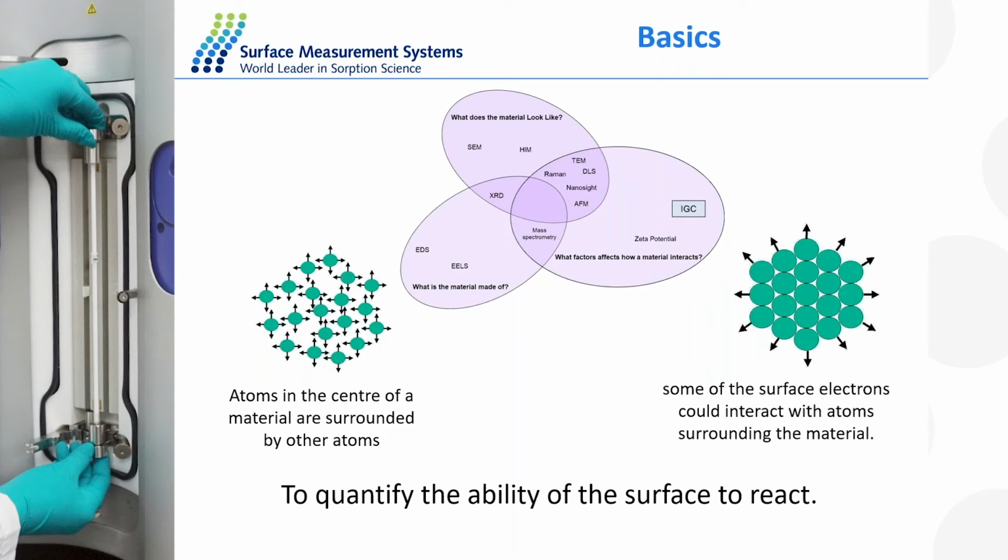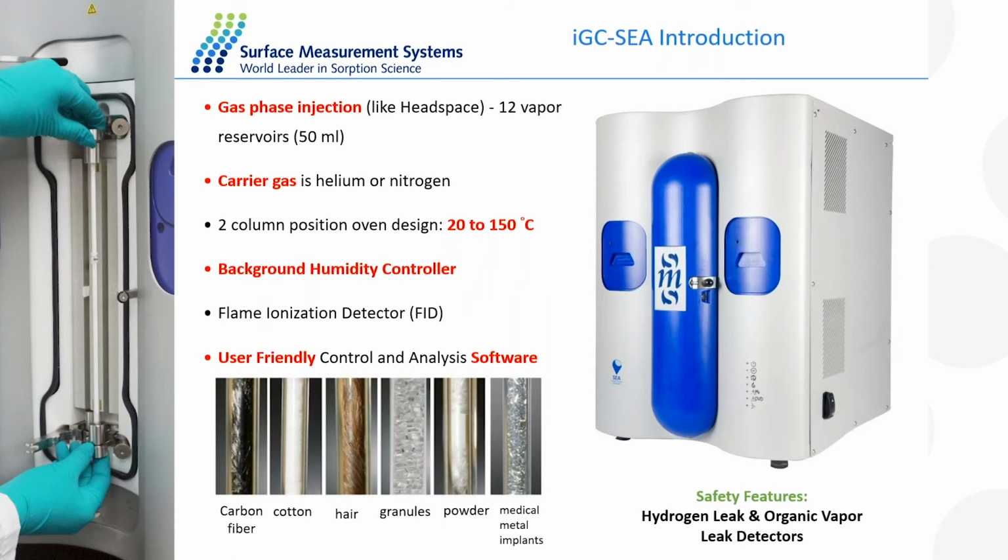On the other side, if we want to understand factors that affect how a material interacts, this is where IGC can come in. In this technique, we can understand the interaction of other materials with the sample. We're able to quantify the ability of the surface to react. We're focusing more on the iGC-SEA side in this presentation.